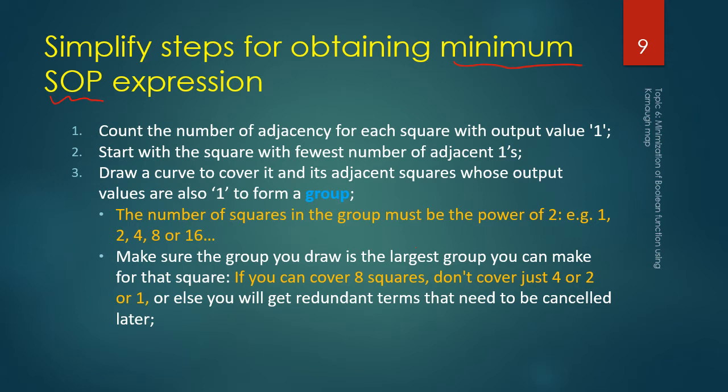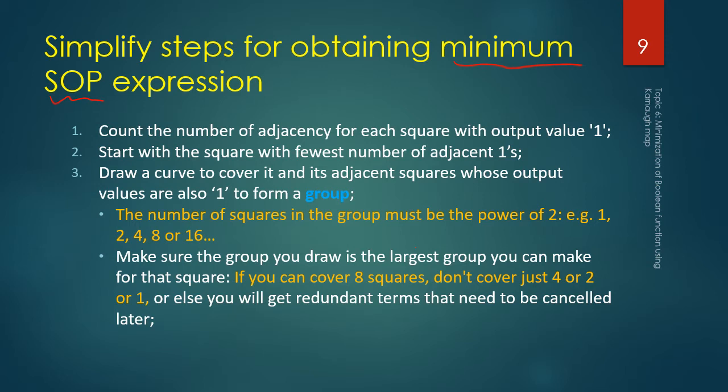Then we pick the square with the fewest number of adjacent ones. For a 4 variable system, each square has 4 labels, but some labels have value 1 and some have value 0. We only look at the ones with value 1, and we pick the one with the fewest adjacent ones.